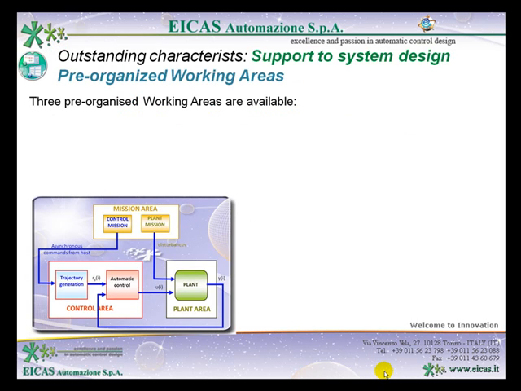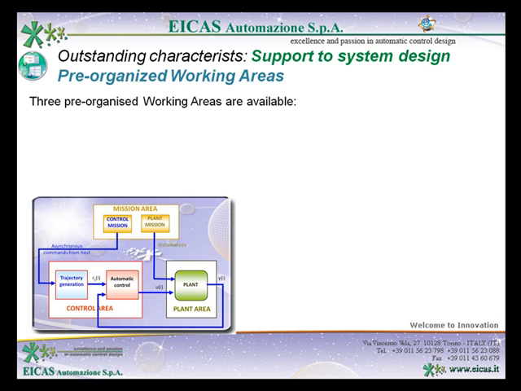Now, let us list the main outstanding characteristics of the Modeling and Like Real-Time Simulation operative mode. When you have to design your system in EICASLAB, you do not start from a white page because three pre-organized working areas are at your disposal, specifically designed to support and guide your system design.